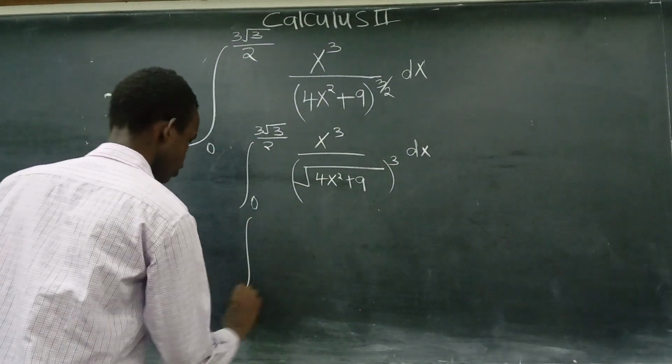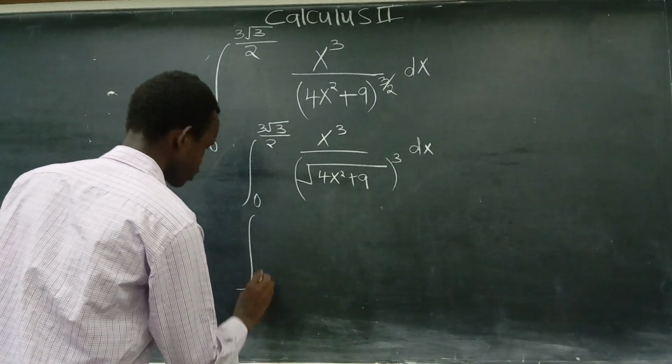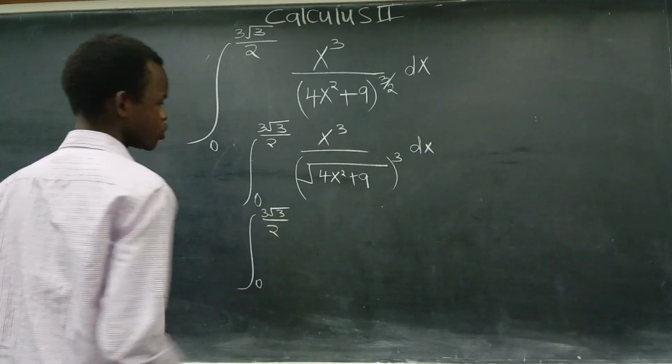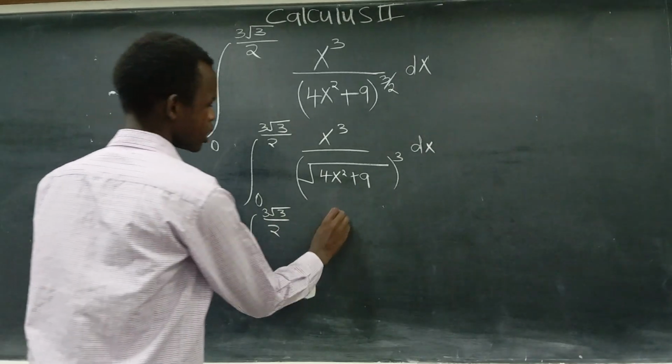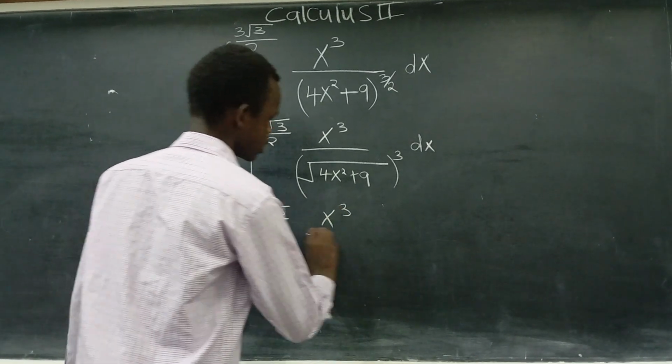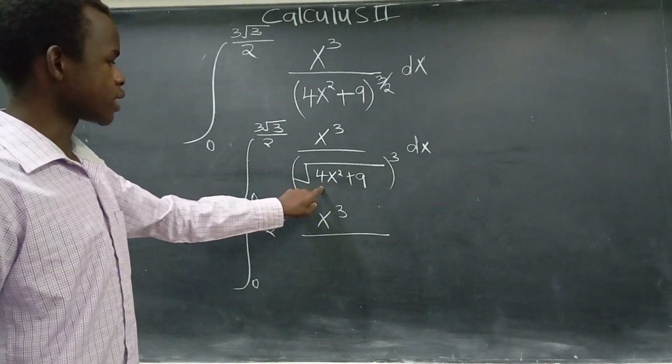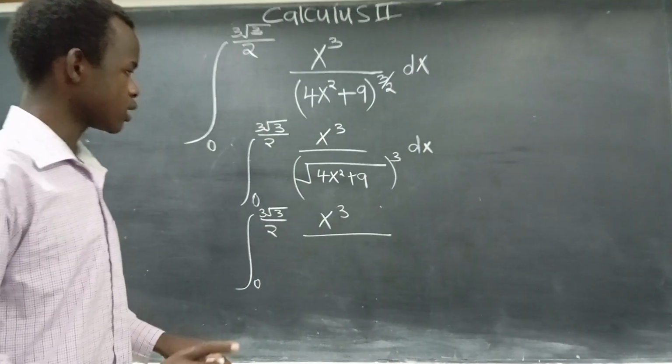So I'll get the integral from 0 to the square root of 3 divided by 2, x cubed divided by, so from now, let's factor out 4 from here, okay?